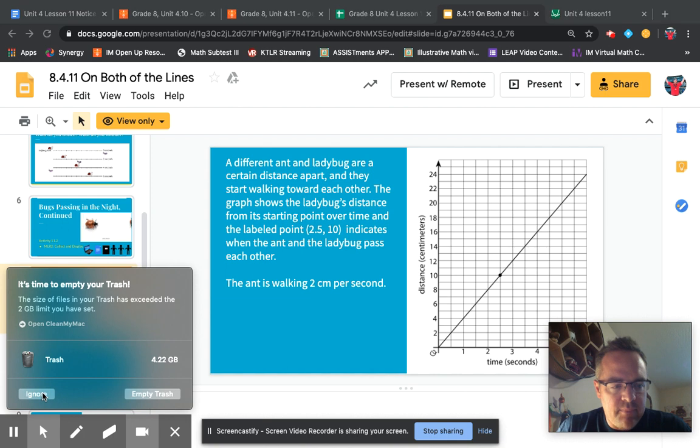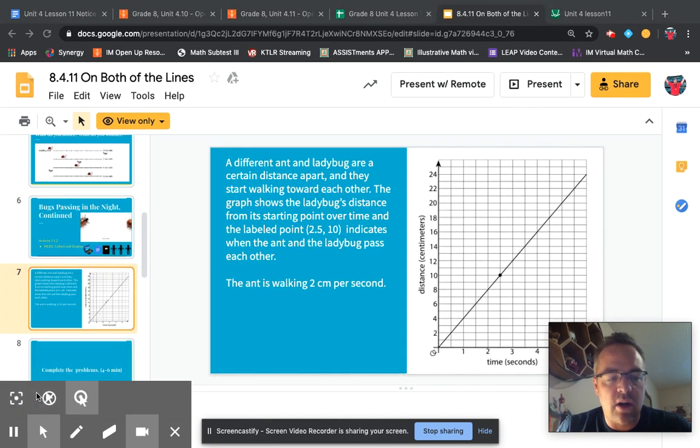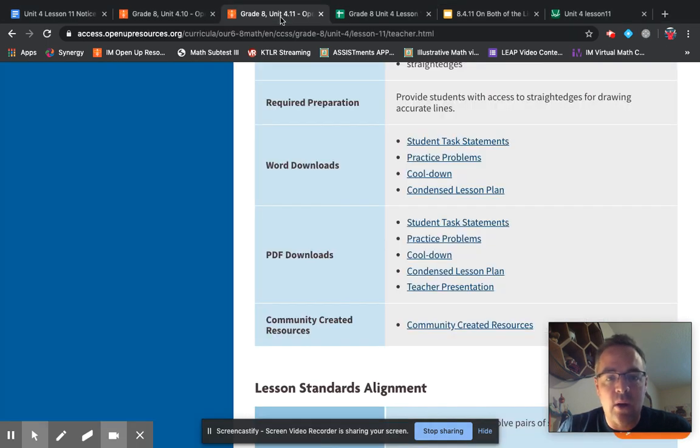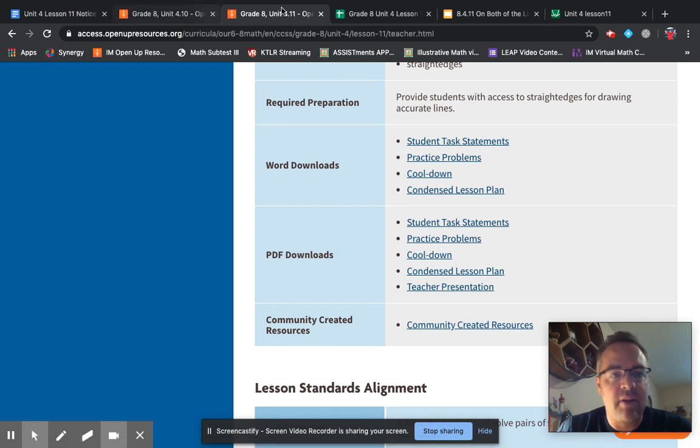Another interesting recommendation I have for you, especially when the students are working with a graph that has to have precision: print out a copy from the PDF downloads for the student task statements, and put that underneath your document camera so that students really get a better chance at understanding the graph, and so that you can synthesize how they thought about it.